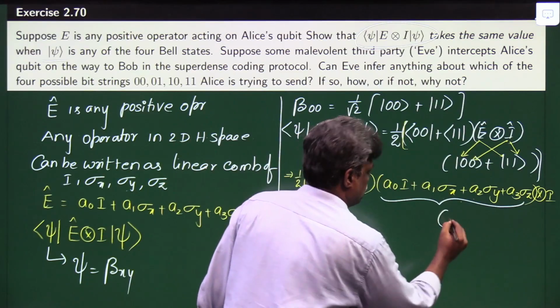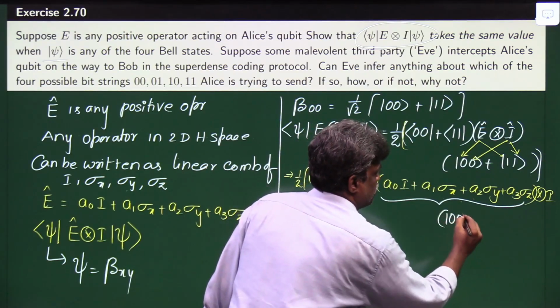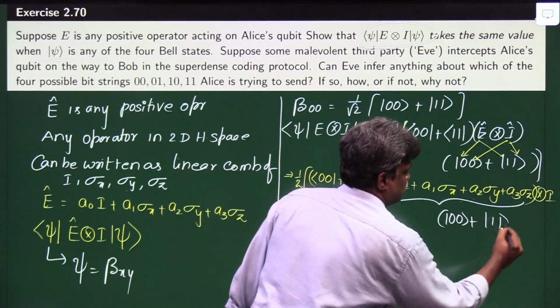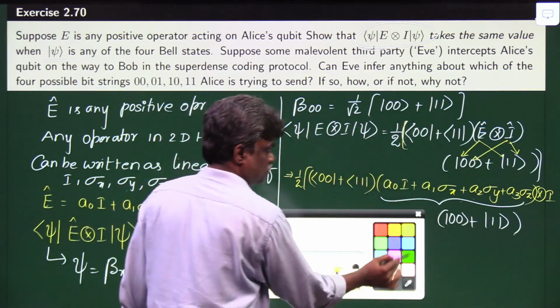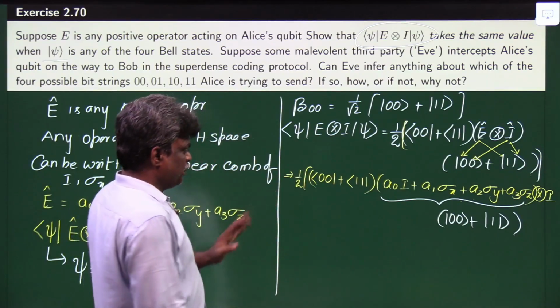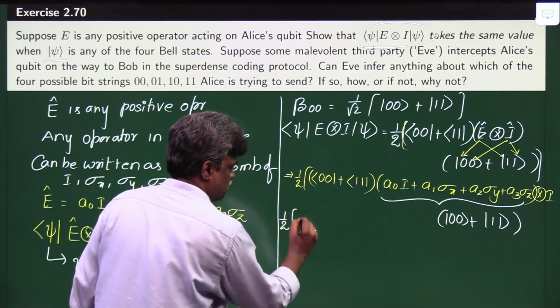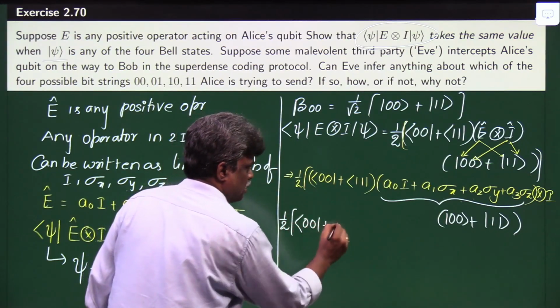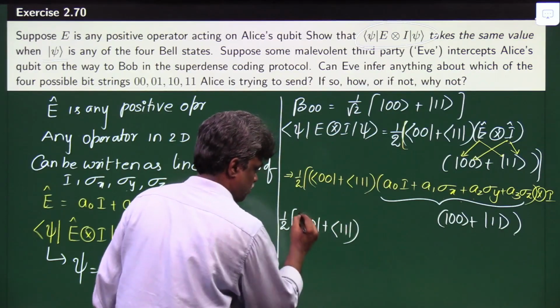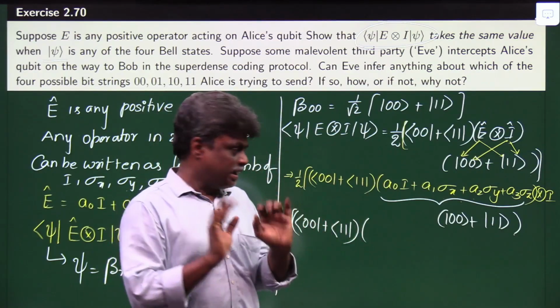And here we have one more thing, that is ket |00⟩ plus ket |11⟩. Now, no need to get tension. So this is 1 by 2, and this one is as it is, ⟨00| plus ⟨11|. Now observe carefully.